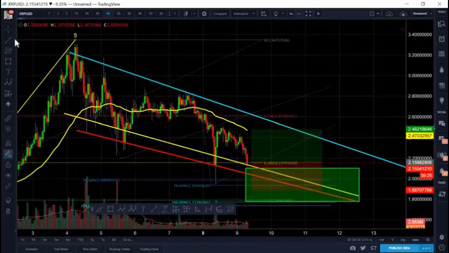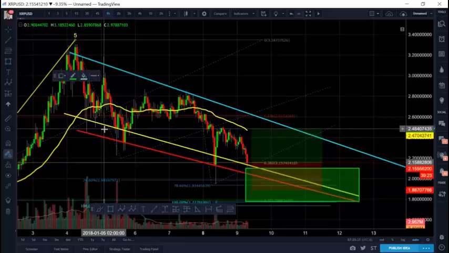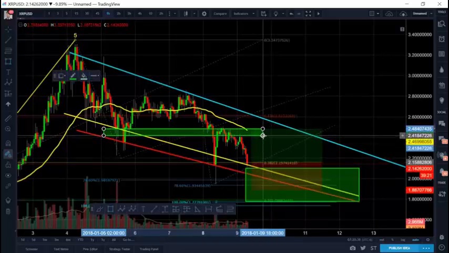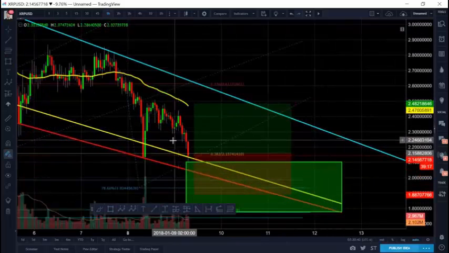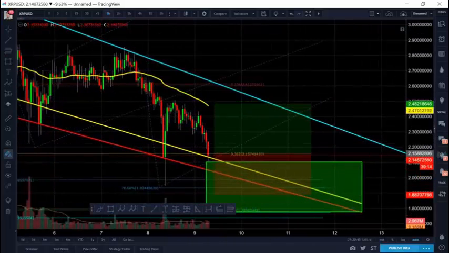Where is our next major key support and resistance area? Right here. Definitely. See, this broke down, guys. Hold on, I'm just taking a look at Bitcoin as well. Bitcoin broke that triangle already, guys. You guys remember what I was talking about?